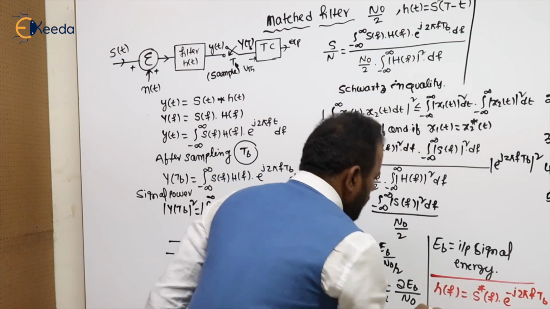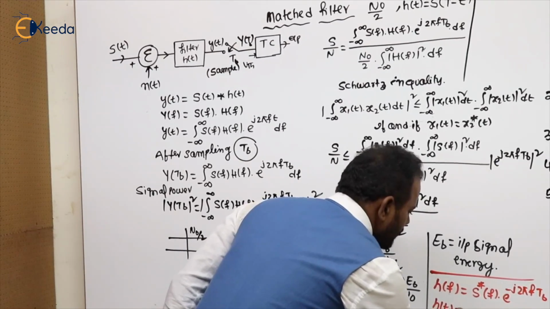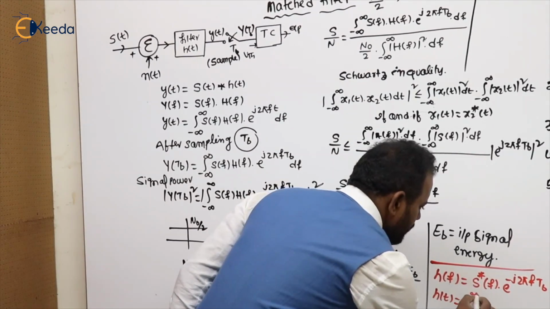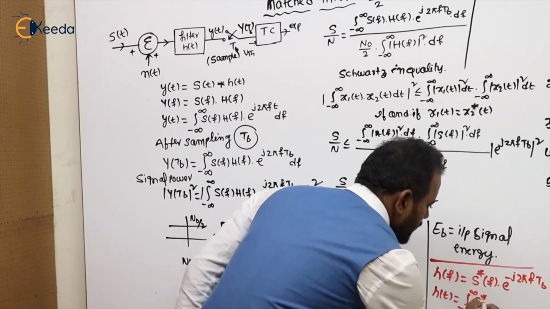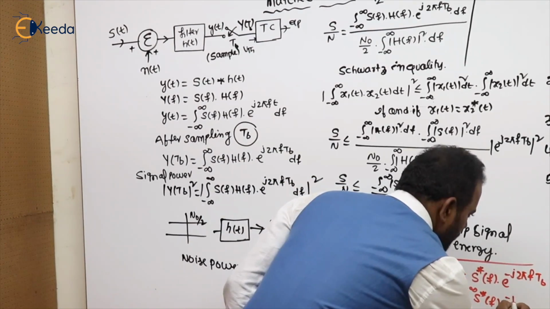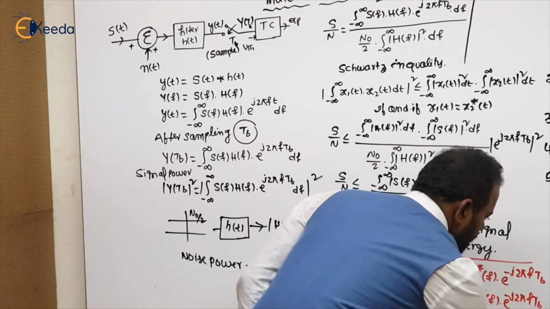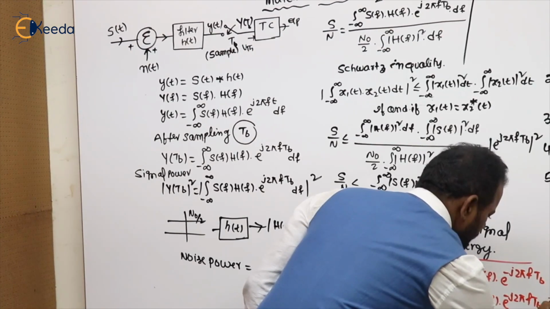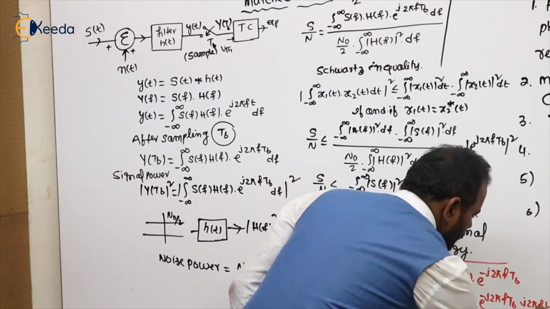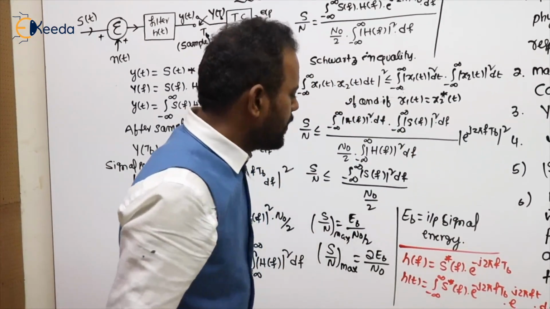Now, what is h(t)? h(t) is nothing but the inverse Fourier transform: the integral from minus infinity to plus infinity of S conjugate of f into e power minus j 2 pi f Tb into e power j 2 pi f t df, because it is in the frequency domain.